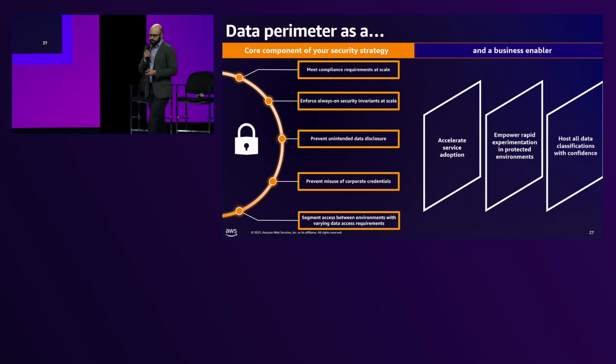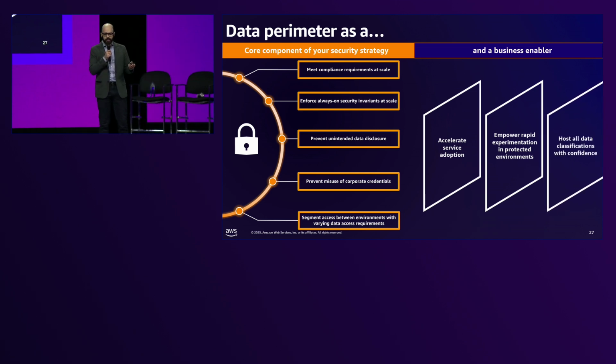And finally, data perimeter controls also help you host all types of data classification types. So for example, some customers, and Mega will provide an example with Block in a few minutes, are using data perimeter controls first on their most sensitive data. But some other customers are also using data perimeter controls to help ensure and to broaden the scope of the types of data that they can actually host within the AWS cloud.